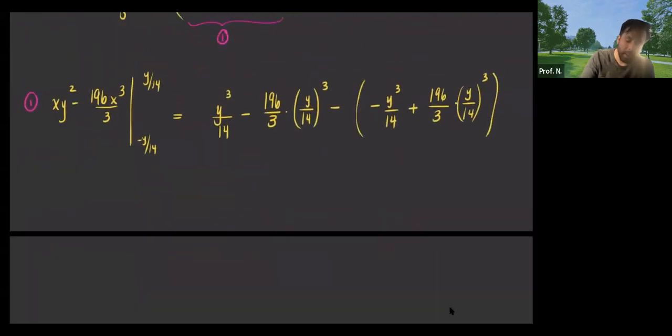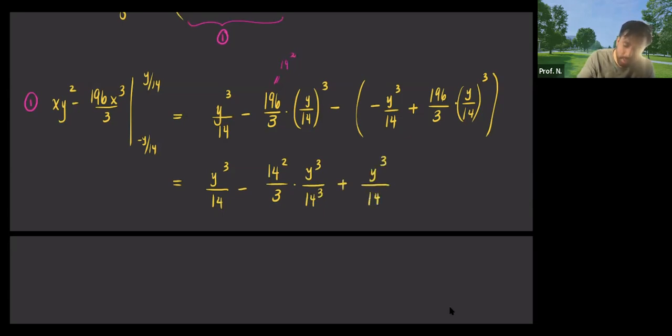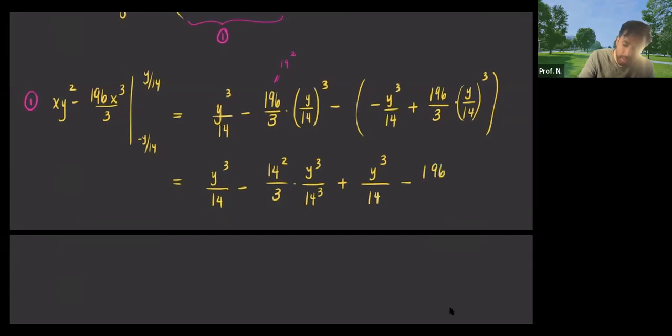Okay. Now, 196 is really 14 squared. So with that in mind, I can rewrite a couple of things here just to help out with the calculation. So this is 14 squared over 3 multiplied by y cubed over 14 cubed. And then you distribute that negative, this becomes a positive y cubed over 14 minus 14 squared over 3 multiplied by y cubed over 14 cubed.